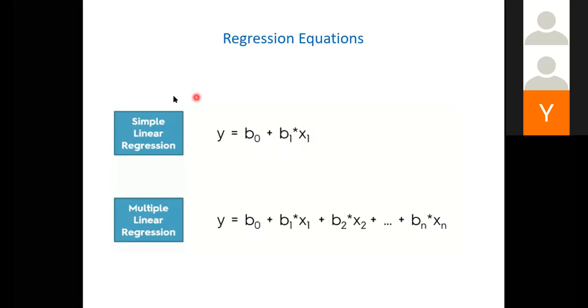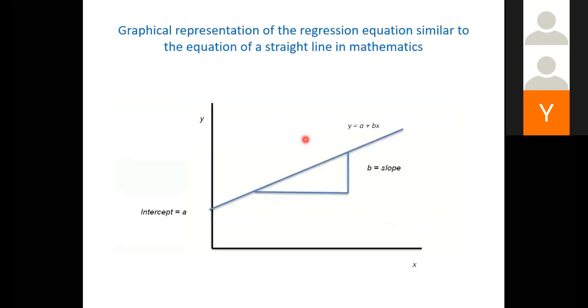Peak expiratory flow rate is y, the outcome variable. X is the height. So B1 is the regression coefficient, the change in the value of y per unit change in the value of x. It is the slope of this graph, that is dy/dx.